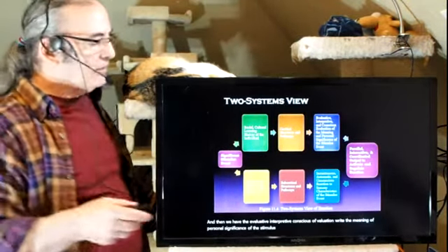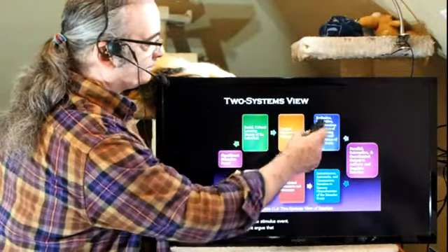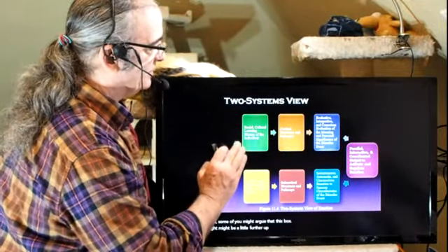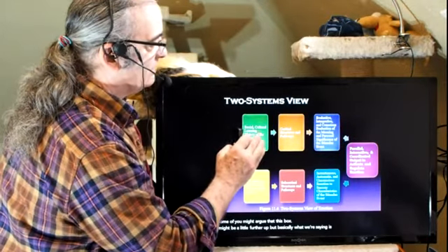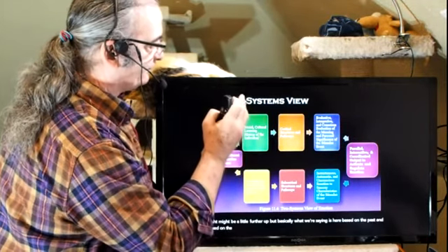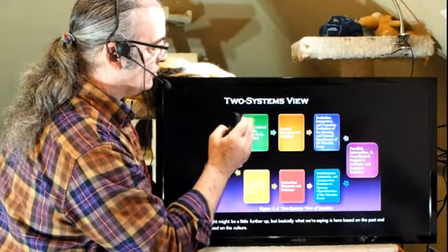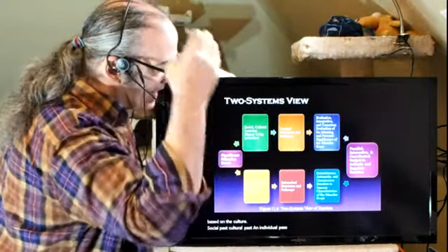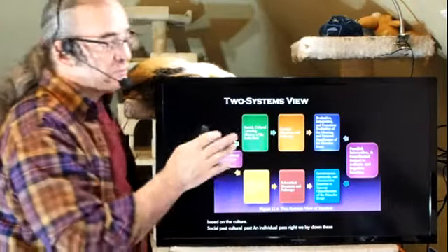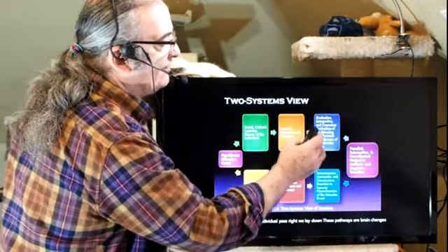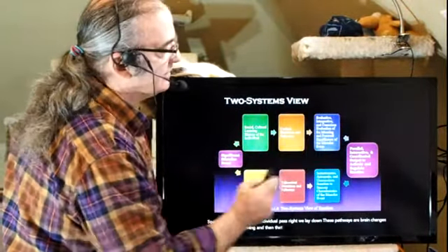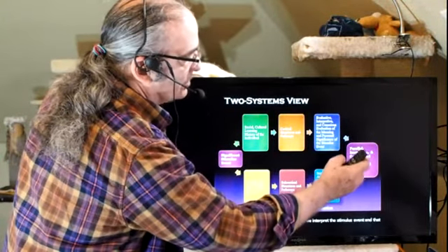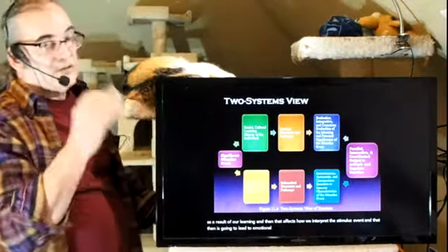Now, some of you might argue that this box might be a little further up, but basically, based on the past and the culture, social past, cultural past, and individual past, we lay down these pathways, our brain changes as a result of our learning, and that affects how we interpret the stimulus event, and that leads to emotional experience and or the decision to regulate that emotion.